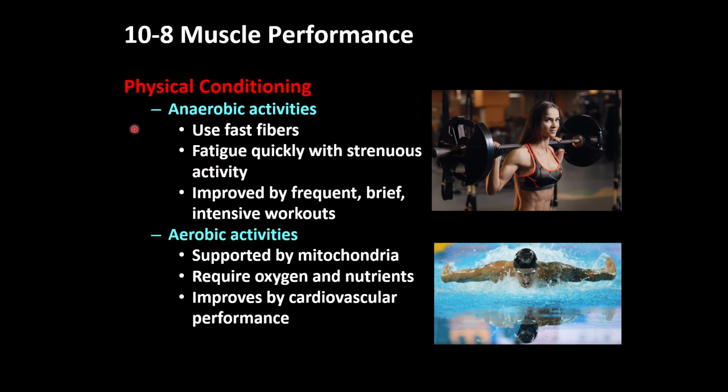And for physical activity, there are two types: one is anaerobic and the other one is aerobic. For anaerobic, you use fast fibers, and that's why you're using a lot of tension, but you cannot continuously do it. So if you want to improve on that, you have to do it repeatedly.